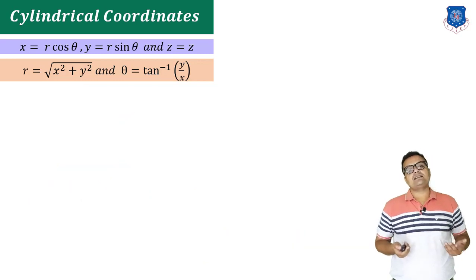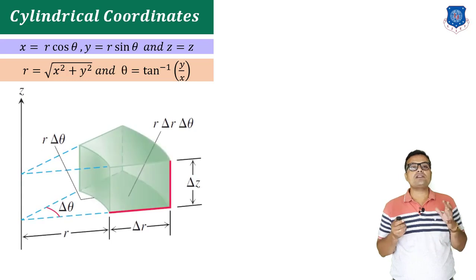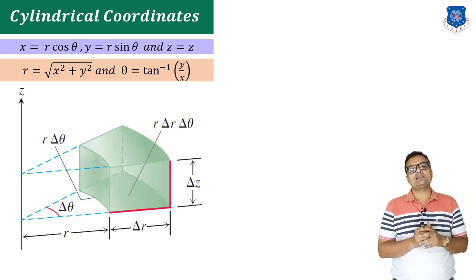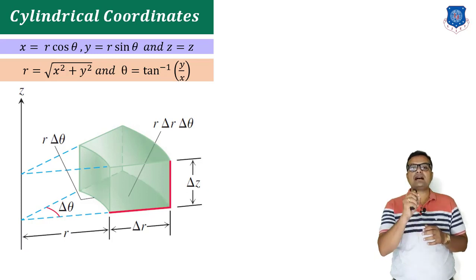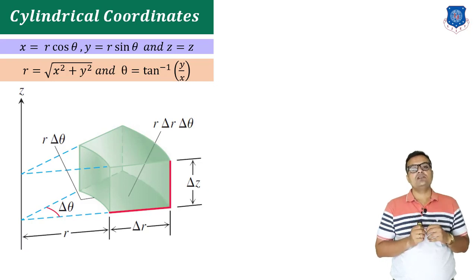Now let us consider another part, which is how this will help you build the cylindrical wedge. So if you have a solid and you are finding this cylindrical wedge, what will happen? If I take r, theta and z, and if I take a small deviation in all of these three parameters, what will happen?